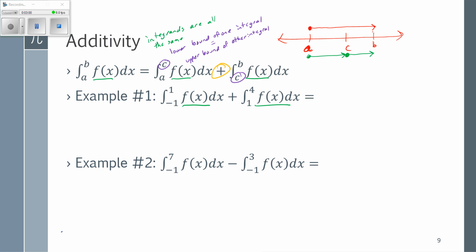I can see the lower bound of one is the upper bound of the other. And I'm adding. So I'm finding an integral of f of x with respect to x, but it says I'm going from -1 to 1 and then from 1 to 4. Well, I can just go -1 to 4.